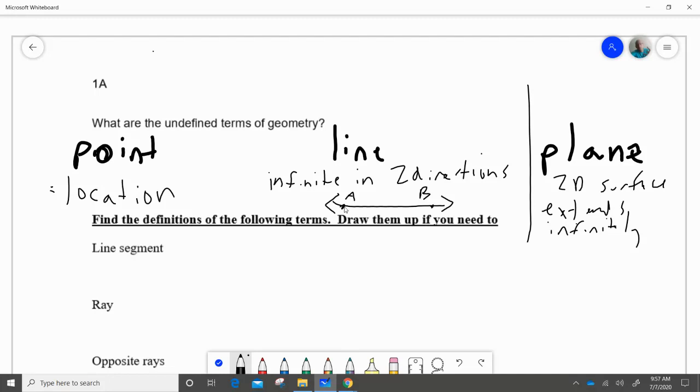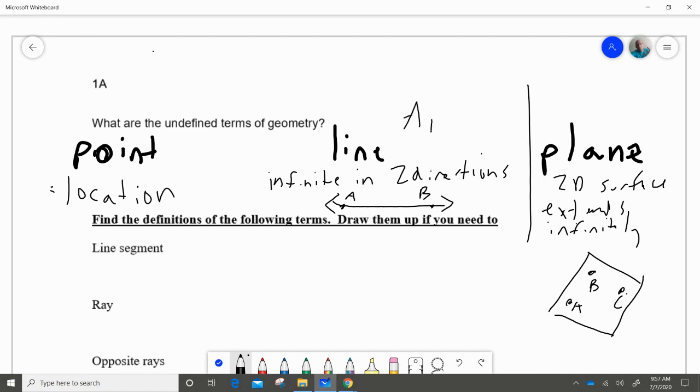If you were to think of the world as being flat, and if the world extended infinitely, the ground would basically be a plane. Usually a plane's named with 3 letters. Every plane is going to have 3 points on it, so this would be something like plane ABC.